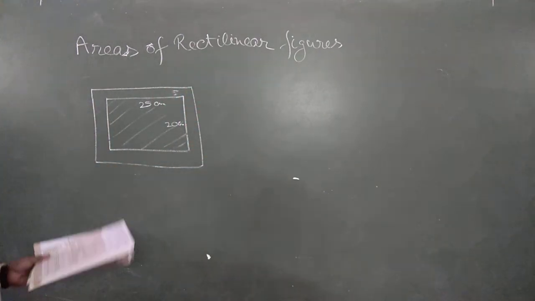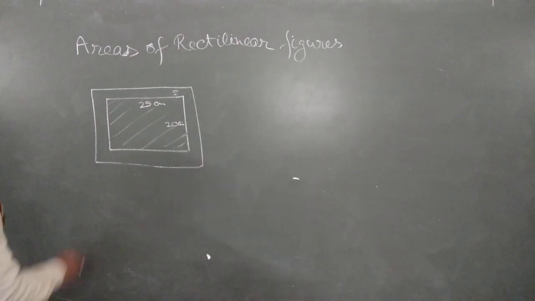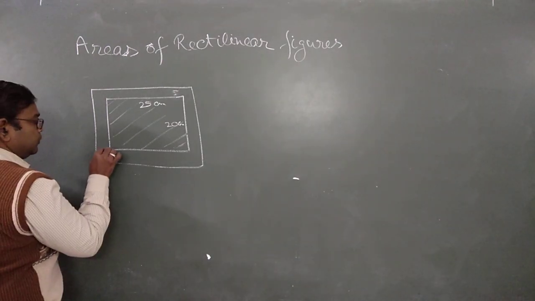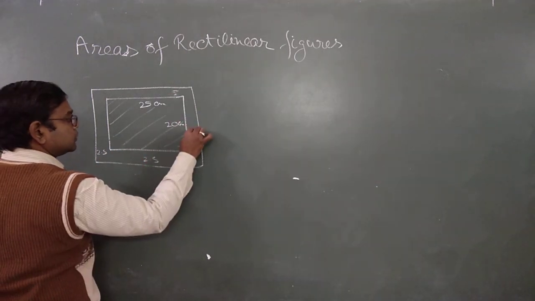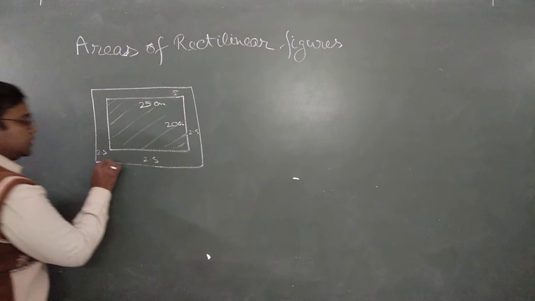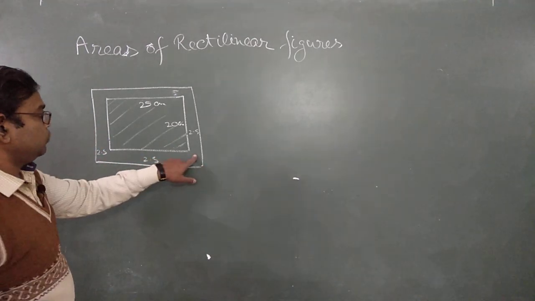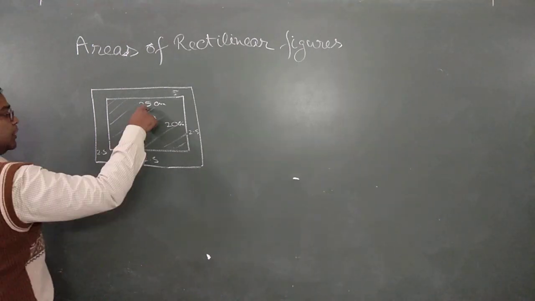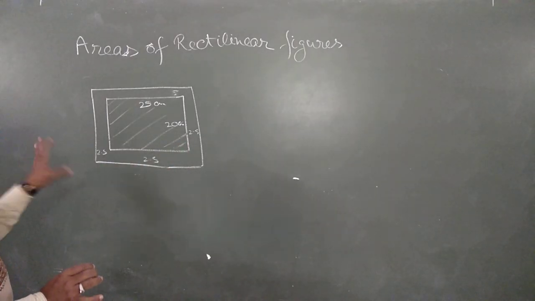And this is your 2.5 centimeter. This thickness is 2.5 everywhere. So what is the new length? In this case we have to add 2 times the thickness, 2.5, 2.5. So 25 plus. So this is the way.